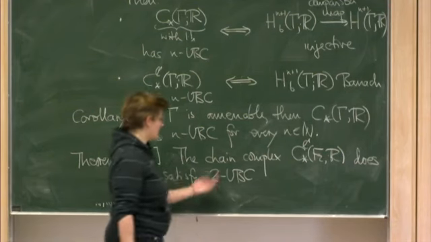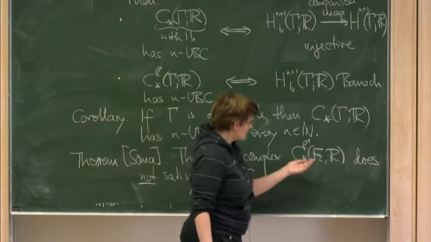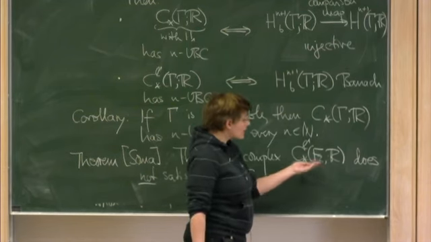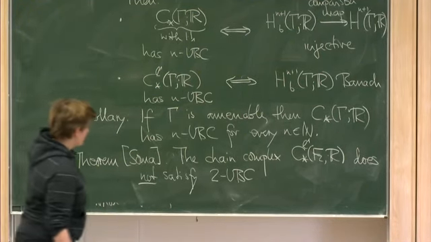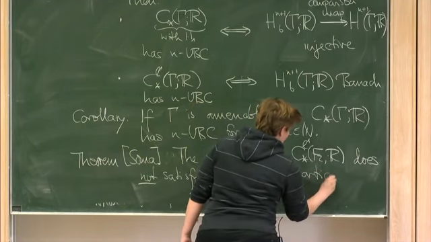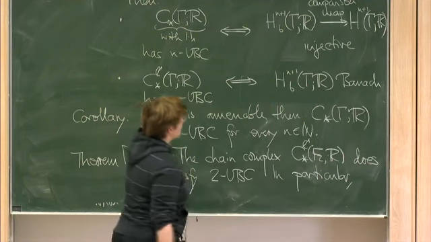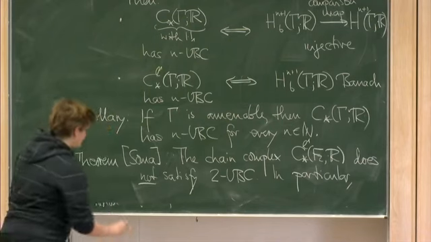So this means you have small chains in degree 2 of this chain complex that are boundaries but cannot be filled easily. And in particular, we see that H3 bounded of the free group is not Banach.